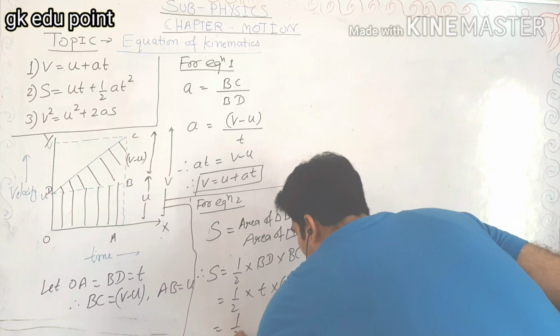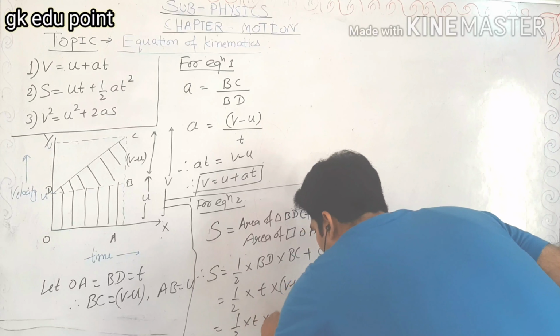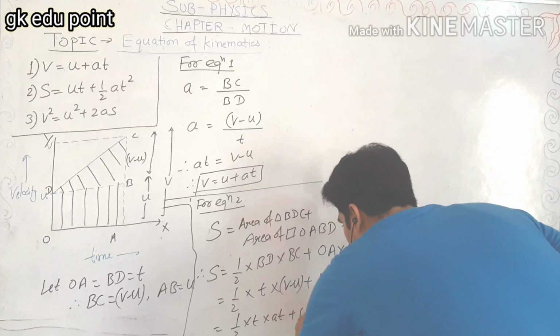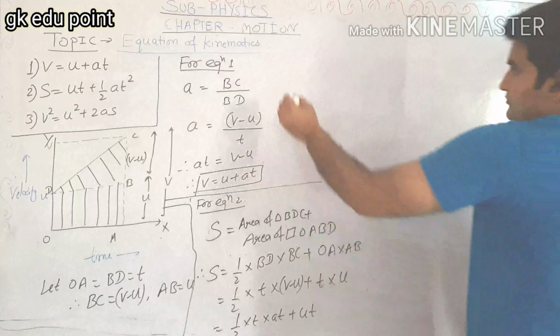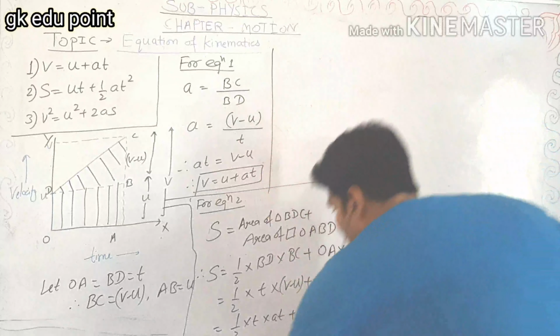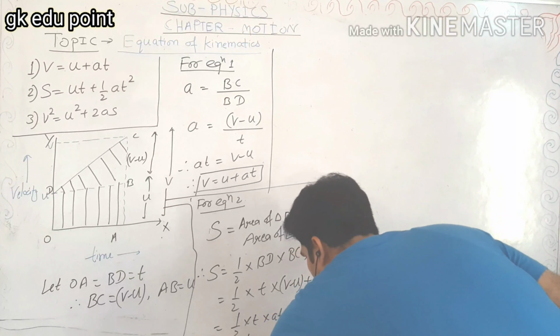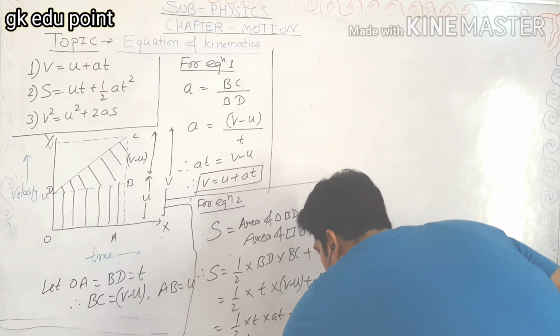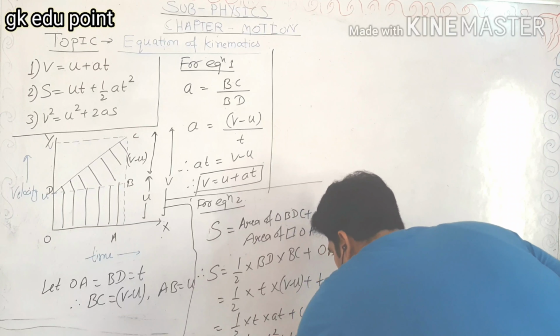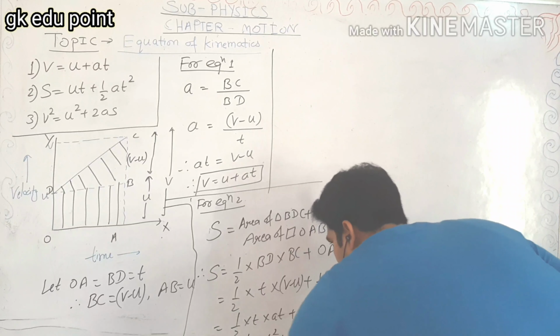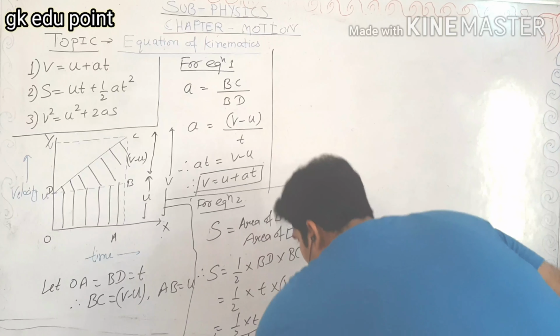So half into t into at plus ut. So this equation can be written as s equal half at square plus ut. This is your equation number 2.